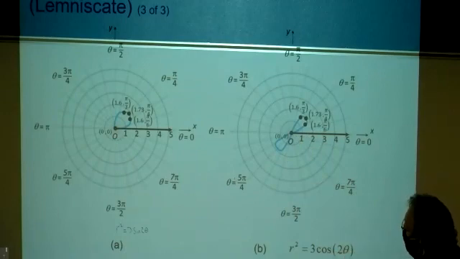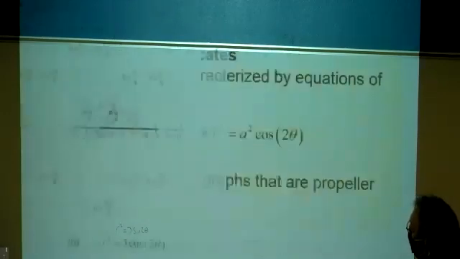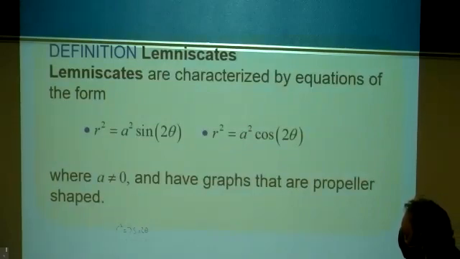Okay, now. They're propeller shaped. Lemniscates.